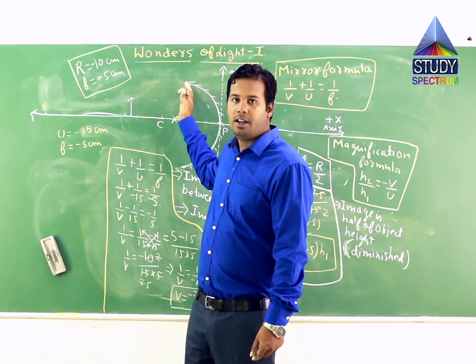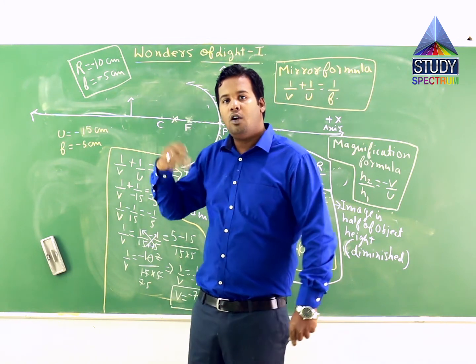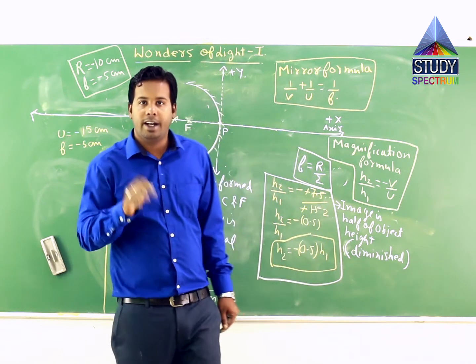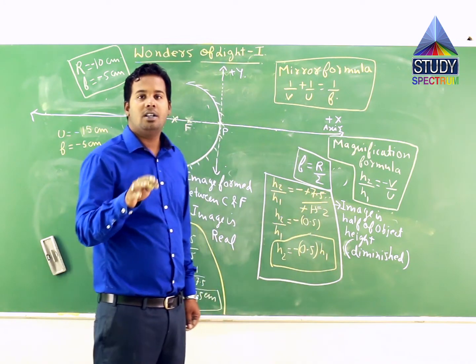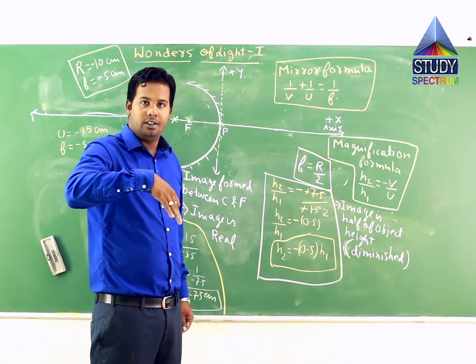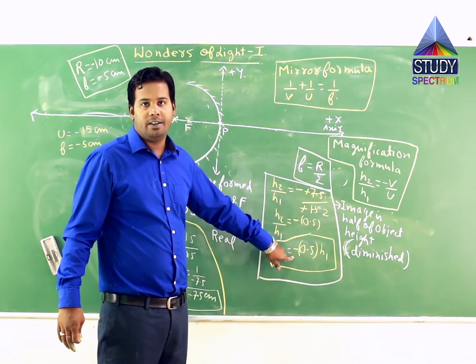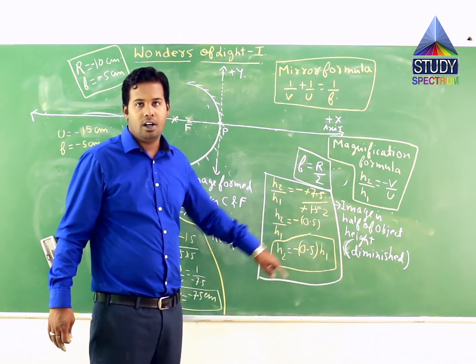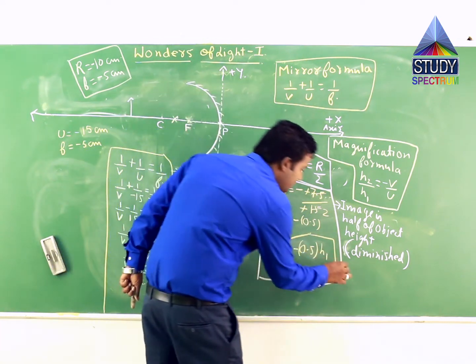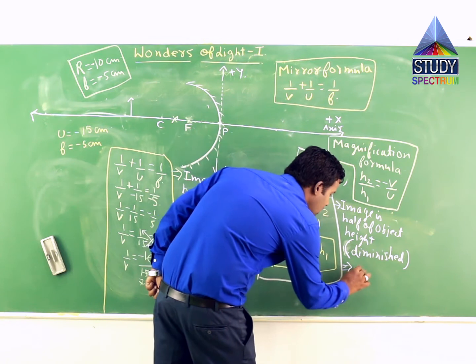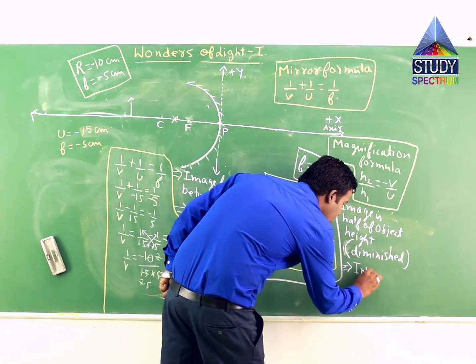So the image will be erect. If the value of height of image comes out to be negative, then the image is inverted. Now you can see this value is coming out to be negative. It means the image should be inverted. The second result is inverted image.